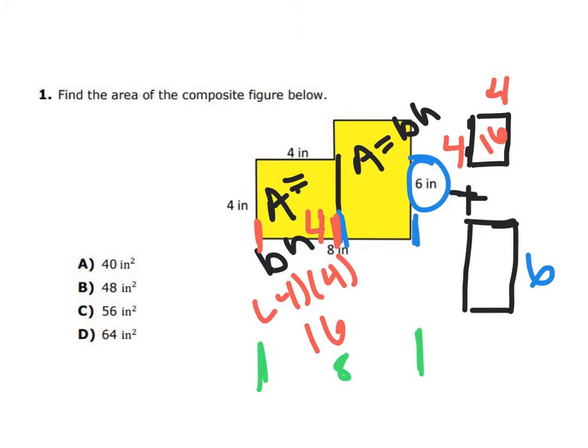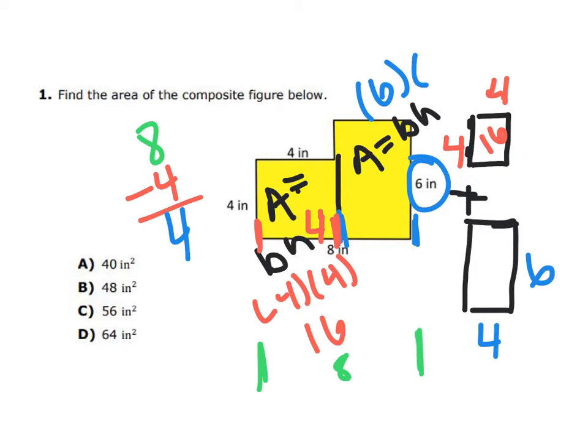Well, to figure that out, I'm going to take the 8 for the rectangle, and I'm going to subtract out the 4 from the square. That gives me a total length for the rectangle as 4. So when I find the area, I plug into my formula, area equals base times height. Well, I'm looking at area equals 6 times 4, so that gives me a total area of 24.